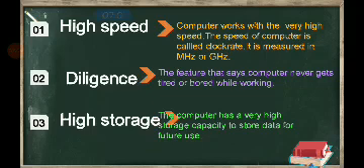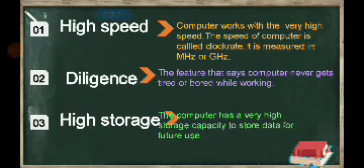Okay, so it can work with the same speed every time. That is called diligence. So it says that computer never gets tired.